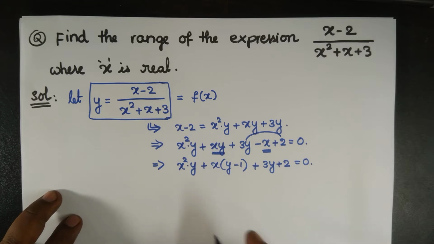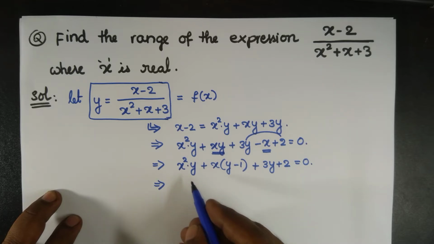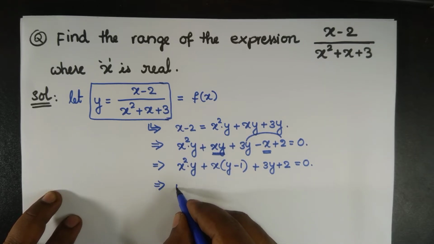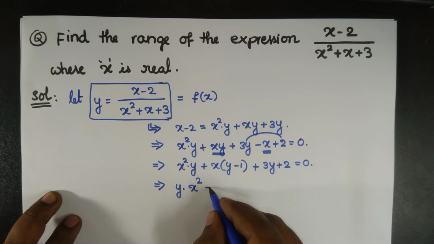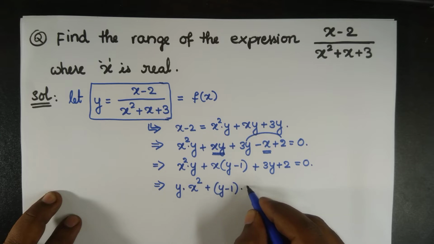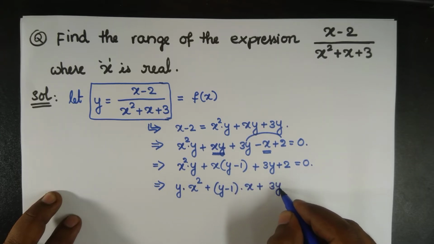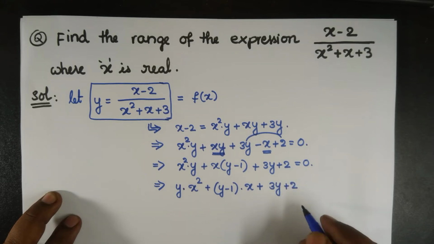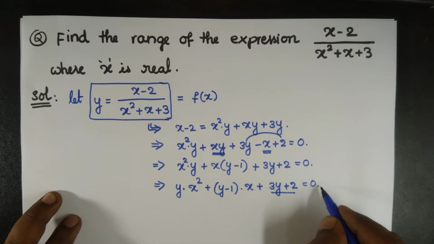All right, so now let's make this a quadratic equation in x. In that case y becomes a coefficient here, so y multiplied by x squared. Now the coefficient of x is y - 1, multiplied by x, plus you have the 3y + 2 term, equal to 0.